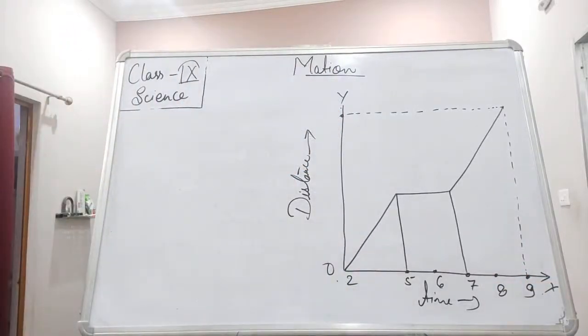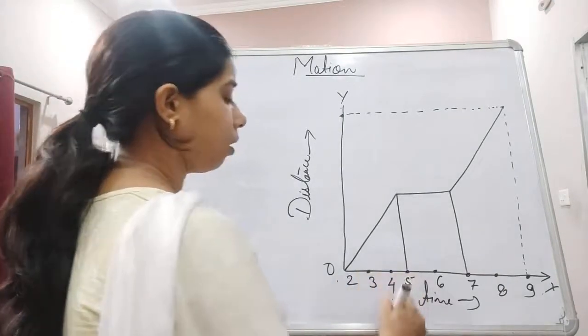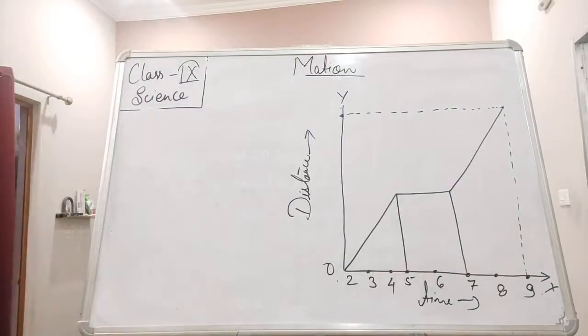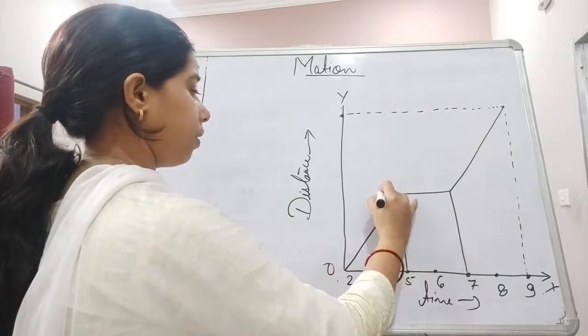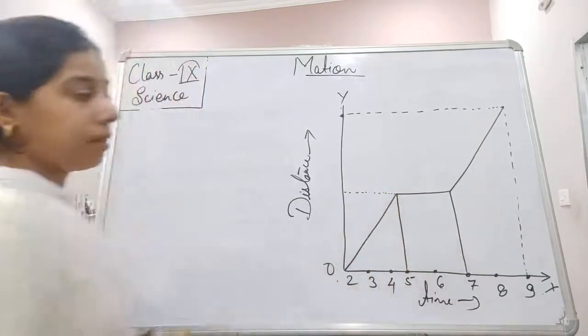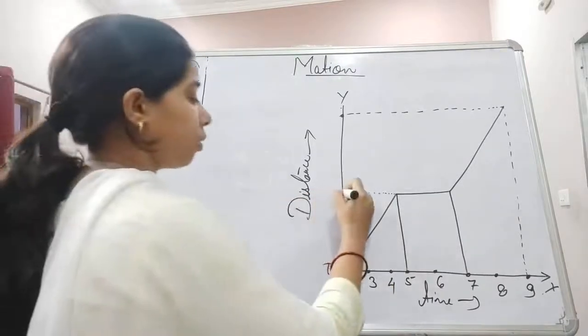And here it will be 3. And this will be 4. Then we will make another line that will reach the x-axis, and it will be the 3 here, students.